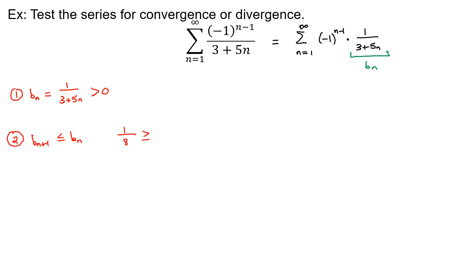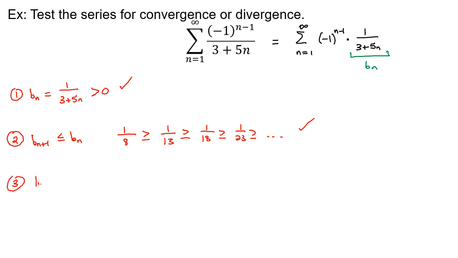So if you plug in 2, 5 times 2 is 10, it would be 1/13. So 1/13 is smaller than 1/8. So we are doing good there. If you plugged in 3, you get 15, 16, 17, 18. And the next one would be 1 over 23, and so on. So we are getting smaller. So that stipulation holds.